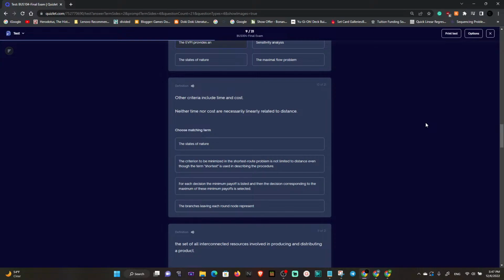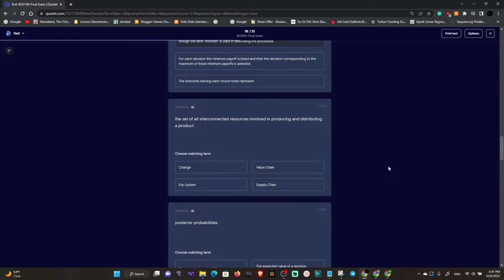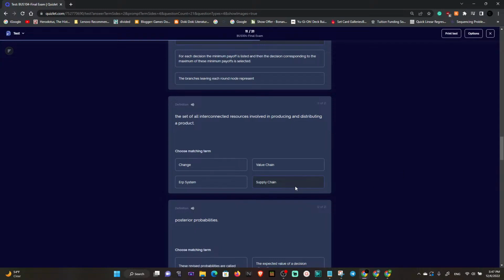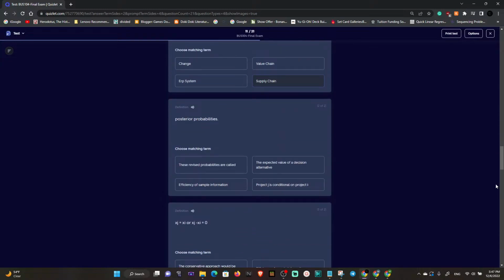Neither time nor cost are necessarily linearly related to distance. The criterion to be minimized in the shortest route problem is not limited to distance, even though the term shortest is used in describing the procedure. Of all interconnected resources involved in producing and distributing product, supply chain. Posterior probabilities. That is A.